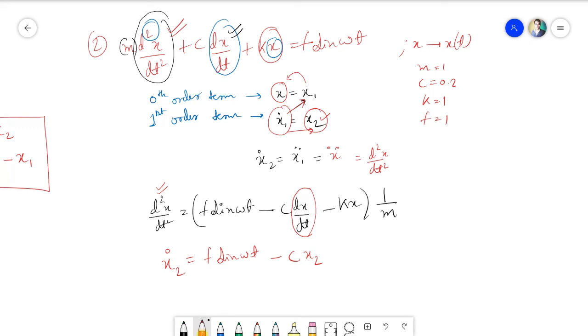So now x equals to x1, so this will be kx1, and this whole is divided by m. So this is the first state space equation for this differential equation, and the second one is x1 dot is equal to x2.